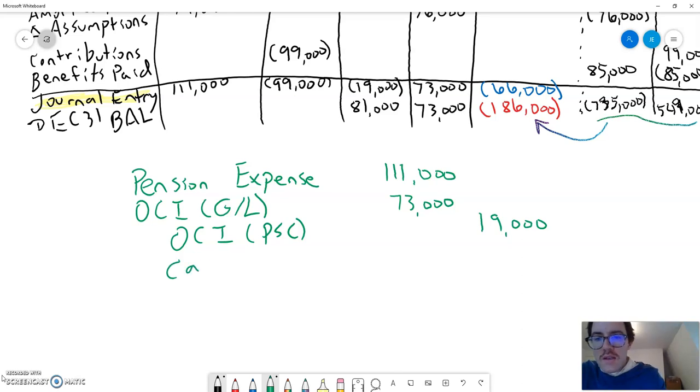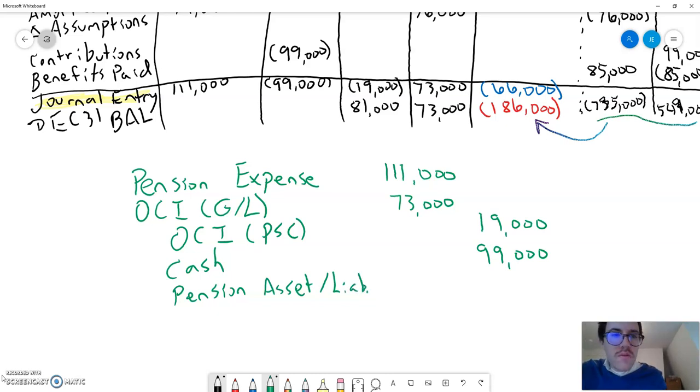I see we have cash being credited for 99,000. And we have pension asset/liability being credited for 66,000. Okay. So that is the answer.